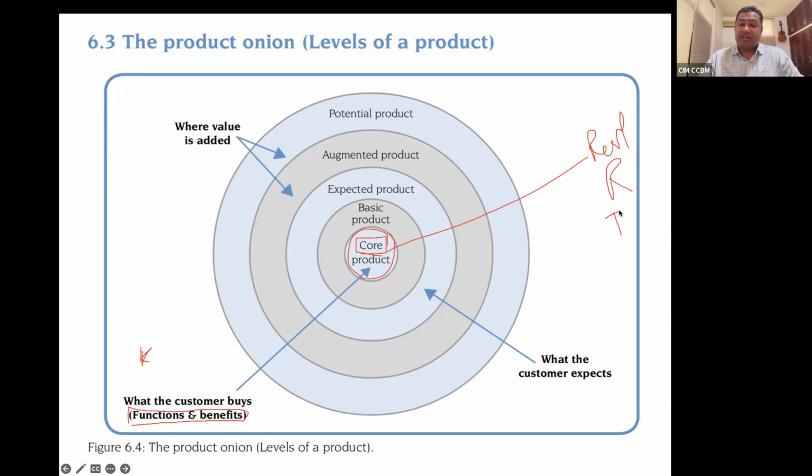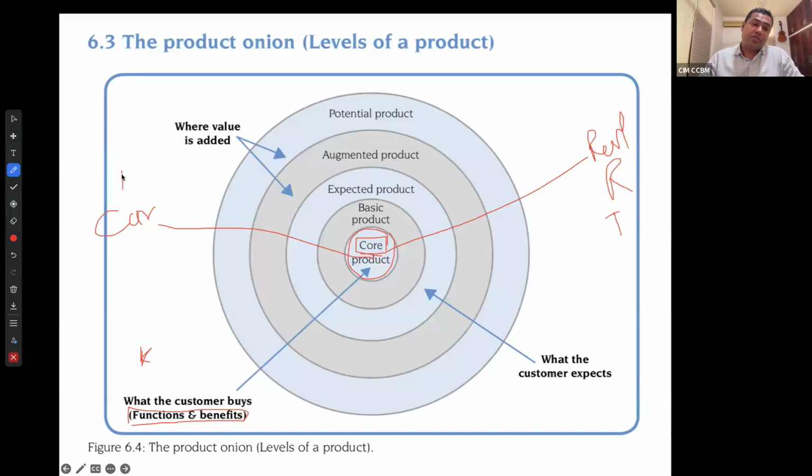If you buy a car, what is the fundamental core need that is being satisfied? The core need being satisfied is mobility, transportation, going from one place to another. Every single product has a core need.